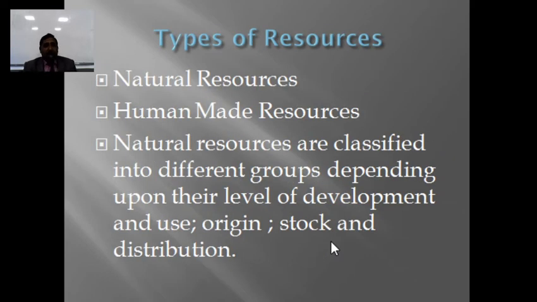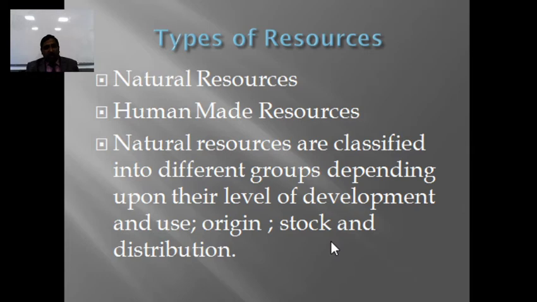Coming to the discussion of different types of resources, now you can group the resources into natural resources and human-made resources. A very simple classification of resources. From your local environment, you can tell what are natural resources.